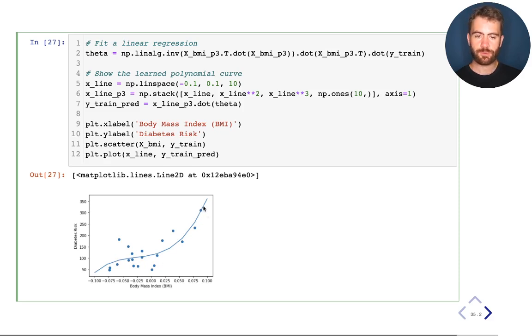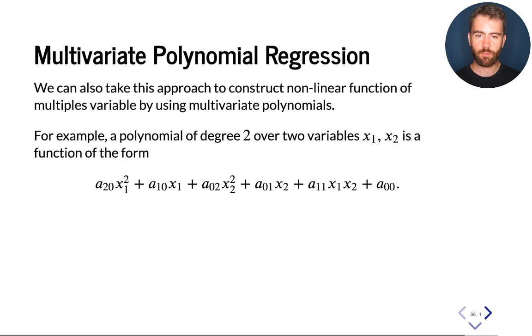And our linear model was not able to capture this earlier, but this third degree polynomial model is able to capture this relationship in the data that we have. So this is a really interesting example, and hopefully this shows you how this idea of using polynomial features can be powerful.